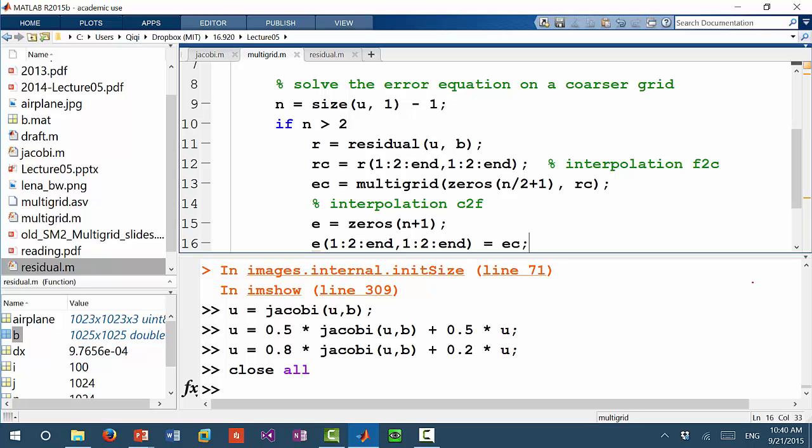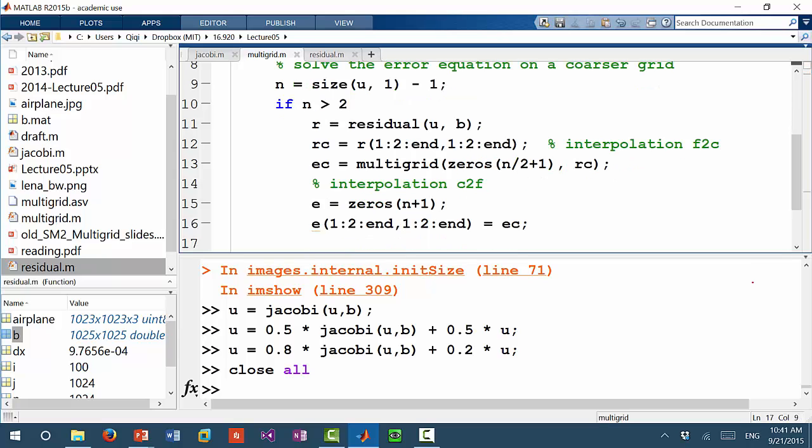Is that sufficient? I need to also fill the entries in between, right? Otherwise, I have zeros at the places where I don't have the EC. So I need to interpolate. I really need to interpolate. So here I will just use the plain average. So E of 2 to 2 to n minus 1, that is starting from the second index.